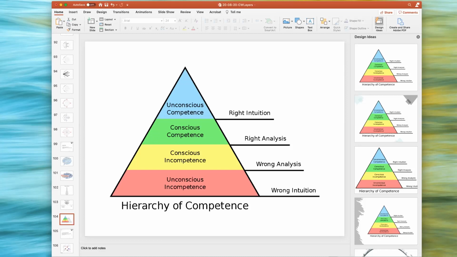I was unconsciously incompetent. I didn't know what I did not know about the technique of motorcycle riding. And through the formal lessons that I took, it elevated me to the point of unconscious competence. The example is learning how to lean into a curve when you're riding a motorcycle.